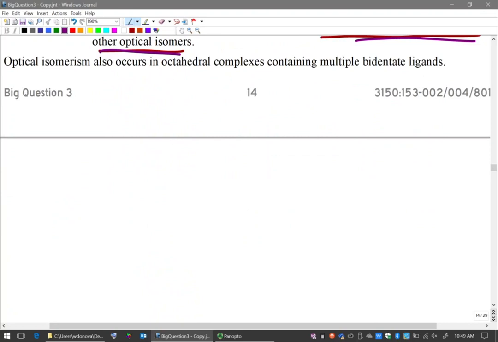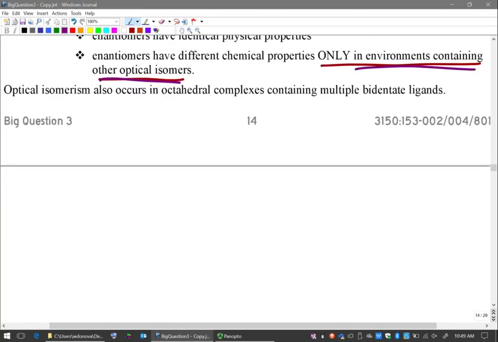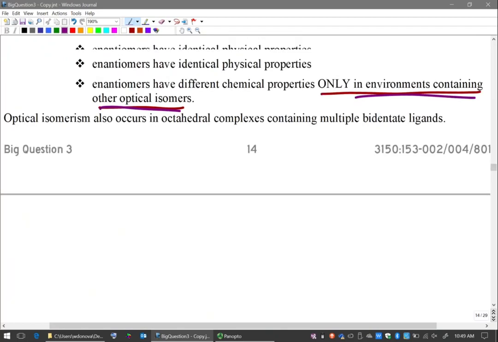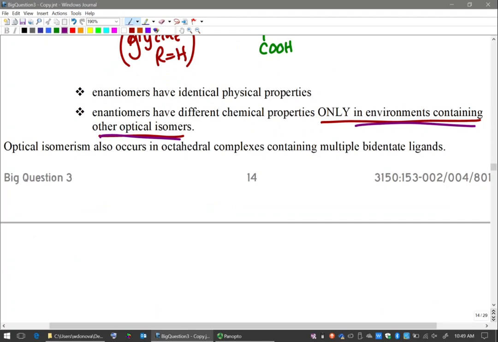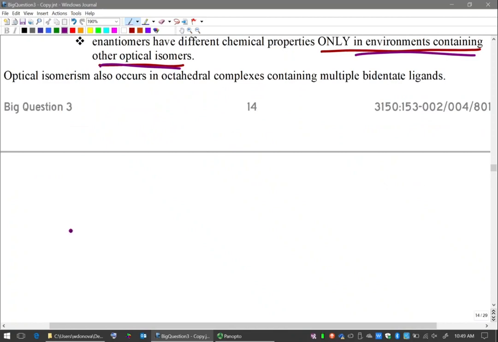Also, optical isomerism occurs in other places. In octahedral complexes, where you have multiple bidentate ligands. I'm trying to get it so it's not falling off, but I guess it's the best place. If you have 3 bidentate ligands on an octahedral central atom, for example, if I had 3 ethylene diamine ligands, if I draw the octahedral basic structure here, if I have 3 ethylene diamine ligands, again, the curved lines simplify life because it just means there's a CH2 on there.